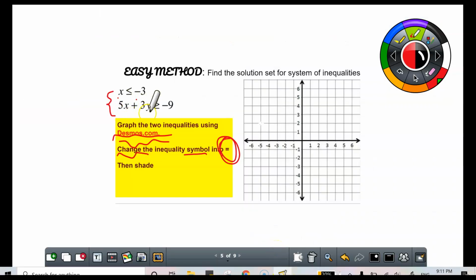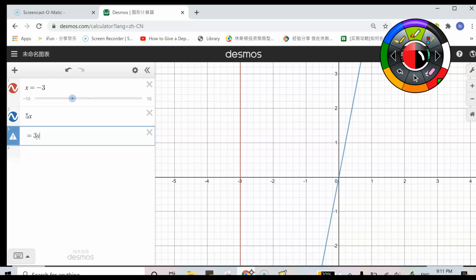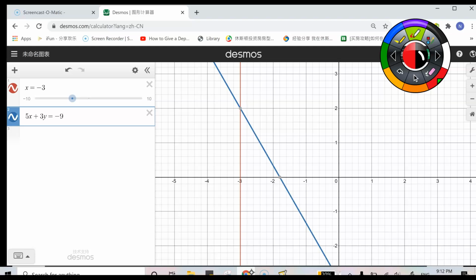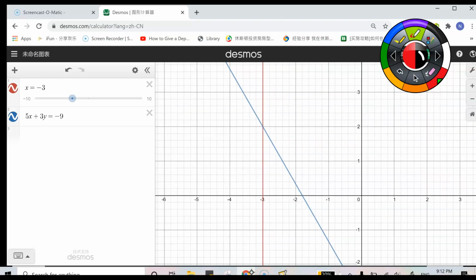It's 5x plus 3y equals -9. Here is the second line, right?